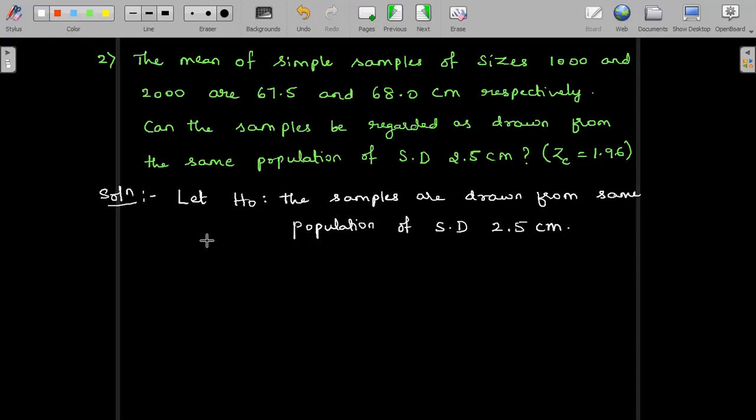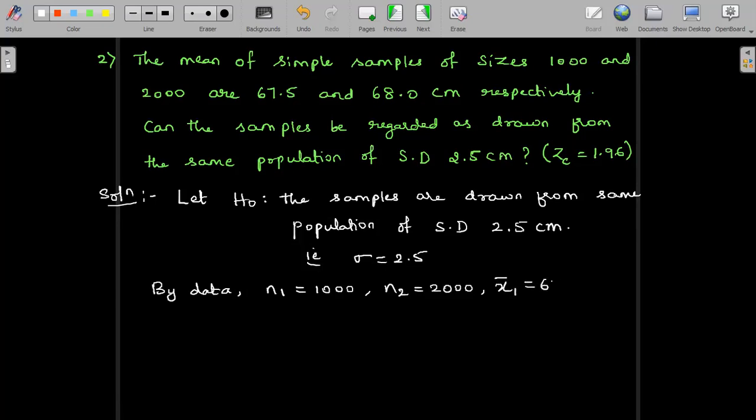So it is given that sigma is equal to 2.5. For both the samples, the standard deviation is 2.5. Now by data, we can also write down the sample sizes. N1 is equal to 1000. N2 is equal to 2000. And we also have the mean x1 bar is equal to 67.5, and x2 bar is equal to 68.0.